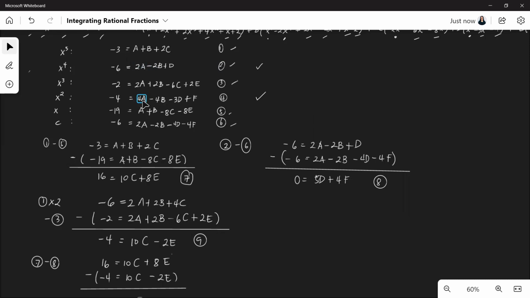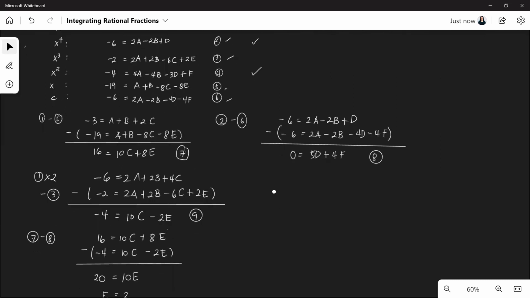So we can eliminate A and B here by multiplying equation 2 first with 2. So that becomes 4A minus 4B, eliminating A and B. So equation 2 times 2.